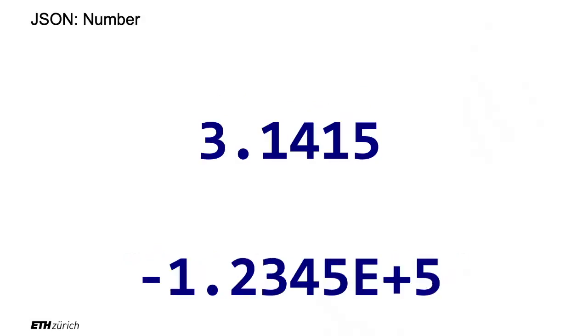The second building block is numbers. It's a bunch of digits, possibly followed by a decimal period, possibly followed by more digits, and then possibly followed by E, which is times 10 to the power of, right, the scientific notation, and then plus or minus, and then again digits. So E plus 5 really means times 10 to the power of 5. It's the scientific notation.